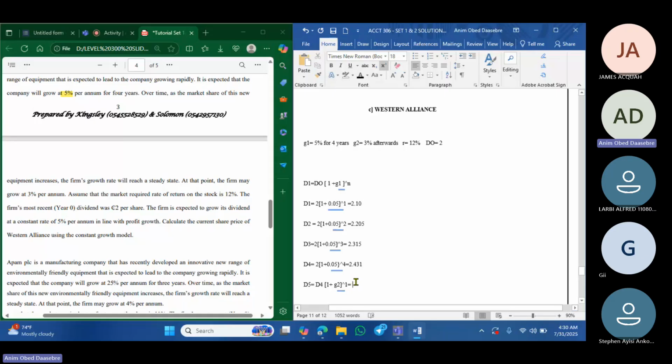So that's year 4. Now we are going to grow this into the future forever using the second growth rate. So 2.431 with 1.1 plus the second rate 0.30.